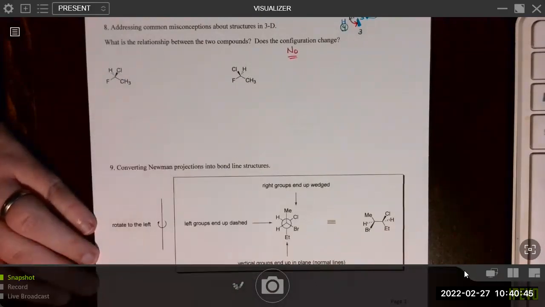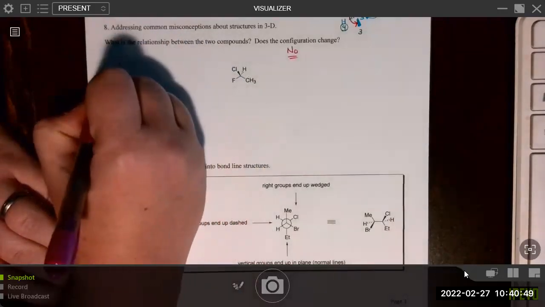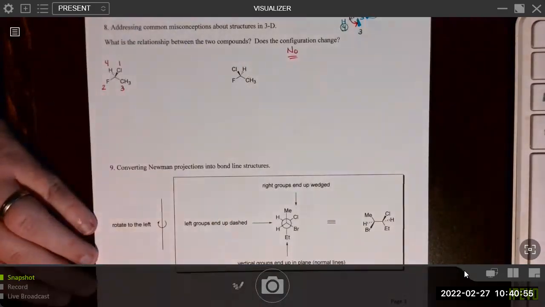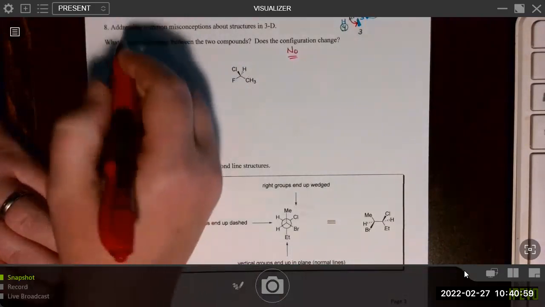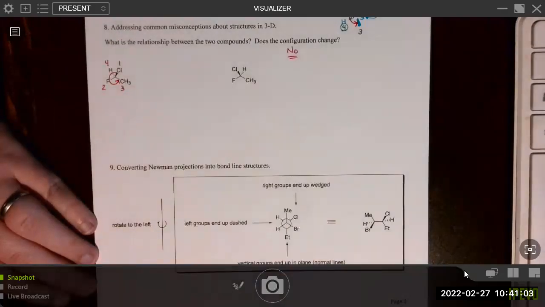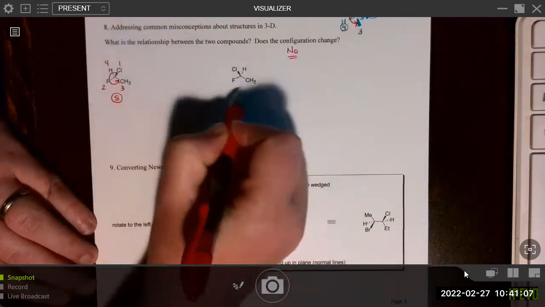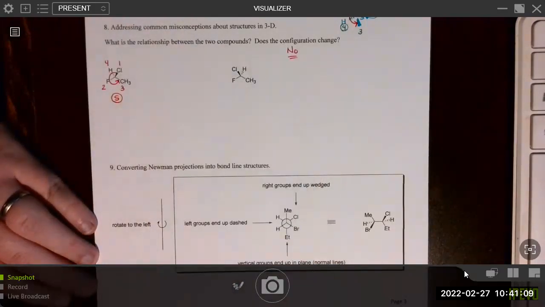We can do that by assigning the configuration. So we have chlorine, followed by fluorine, followed by carbon. And lastly, priority 4 is the hydrogen. The hydrogen is pointing straight back, so 1 to 2 to 3, right, which is counterclockwise, is S. Let's go ahead and see if it had changed over here.